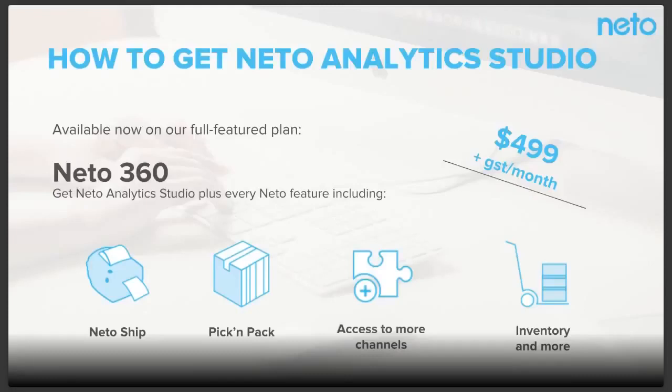So you get Neto Ship, you get Neto Pick and Pack, you get access to all of our sales channels, inventory, and more for one fixed monthly fee. But I think the value that you get out of Neto Analytics really does now pay for itself thanks to this partnership that we've been able to build with Glue, an enterprise-level retail analytics platform.